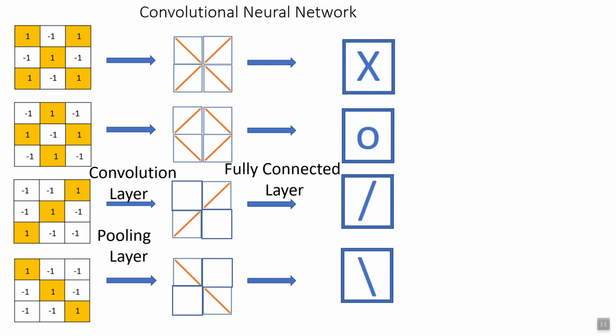So here let's actually draw the picture of how this works. Here again is our pixelated X image, and we have applied 2 filters, the backward slash and the forward slash diagonal, and each filter we apply on every single 2 by 2 square.